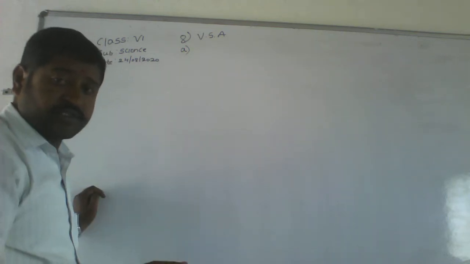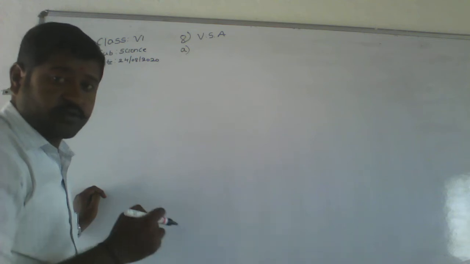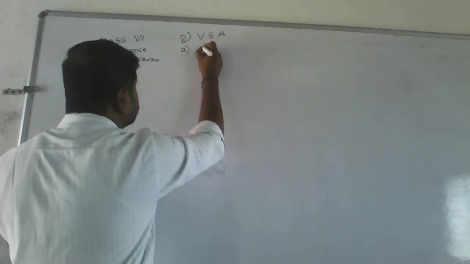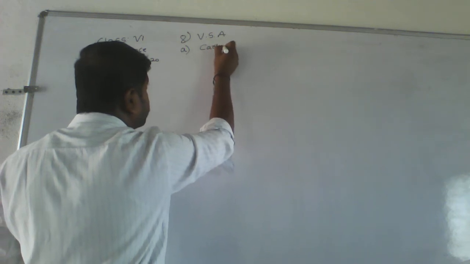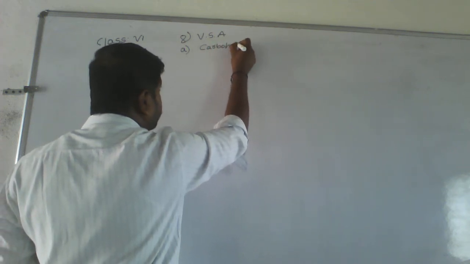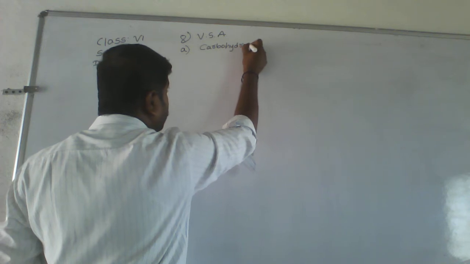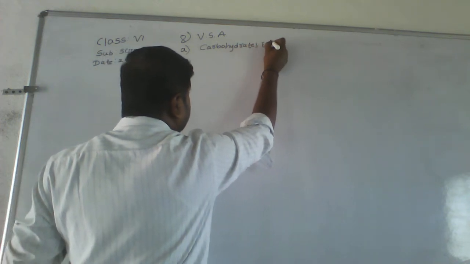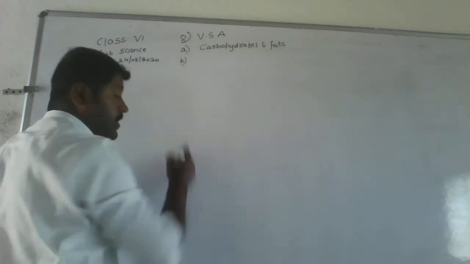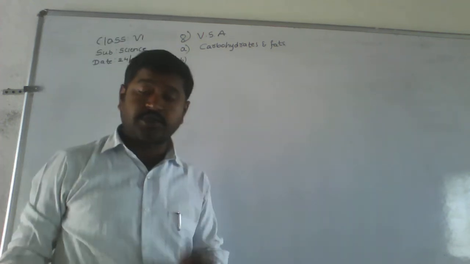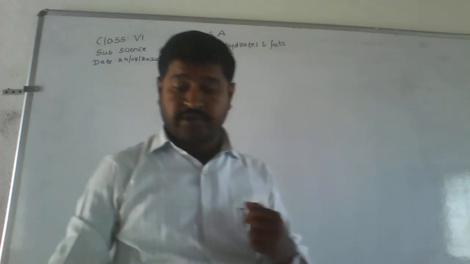Even we have roughage, and also water. So here I am writing carbohydrates and fats. So these are the two nutrients that we will find in food.